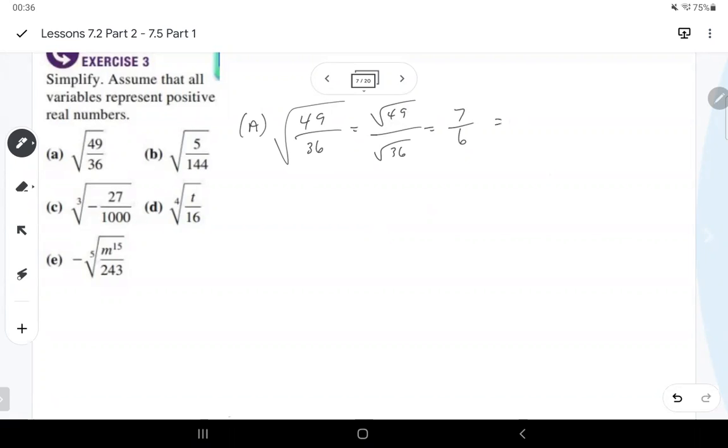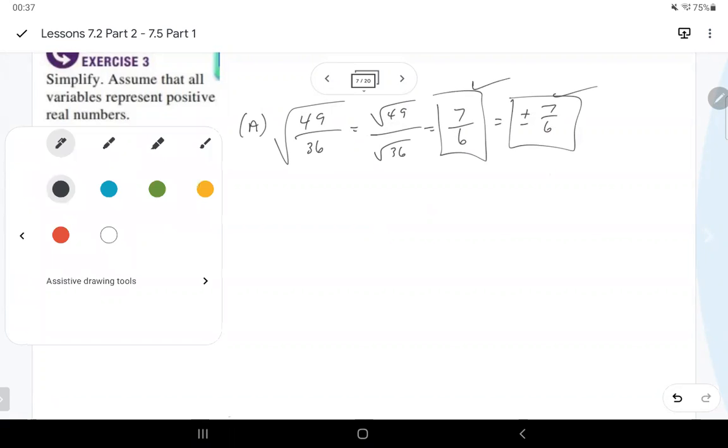You could also give me plus or minus 7/6, because it is a square root, so we can have both plus or minus. Up to you if you want to remember that. I will take either answer, but it can be a negative there as well.